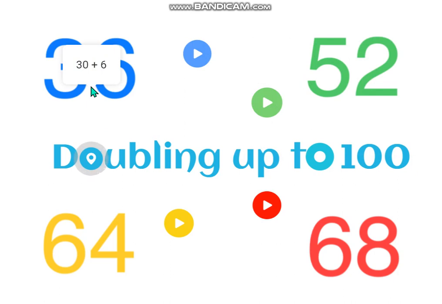But later we are just going to write our partitioned numbers on top of our numbers here. Okay, so the place value of 6 would be ones, the place value of 3 would be tens. The value of 3 would be 30, the value of 6 would be, of course, 6 ones.